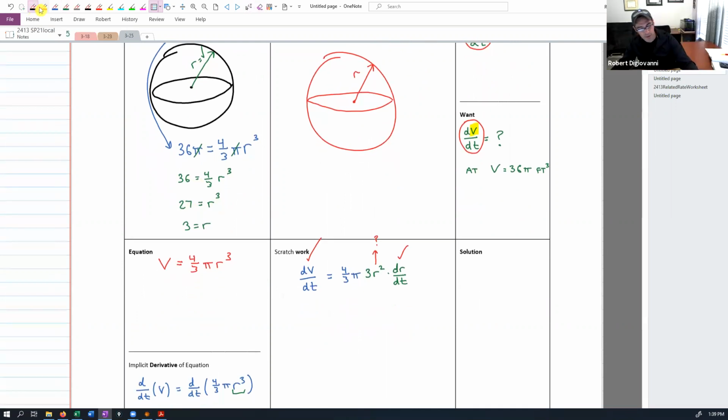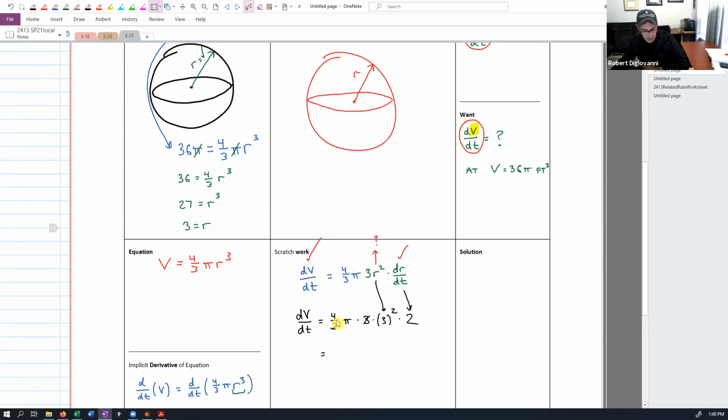So I think I'm ready to put this all together. dV/dt should be 4/3 pi times 3 times the radius, which I just found was 3, squared, times dr/dt, which is 2. So this is 2, the radius was 3. And this is just a bunch of numbers. Look at this. These 3's cancel.